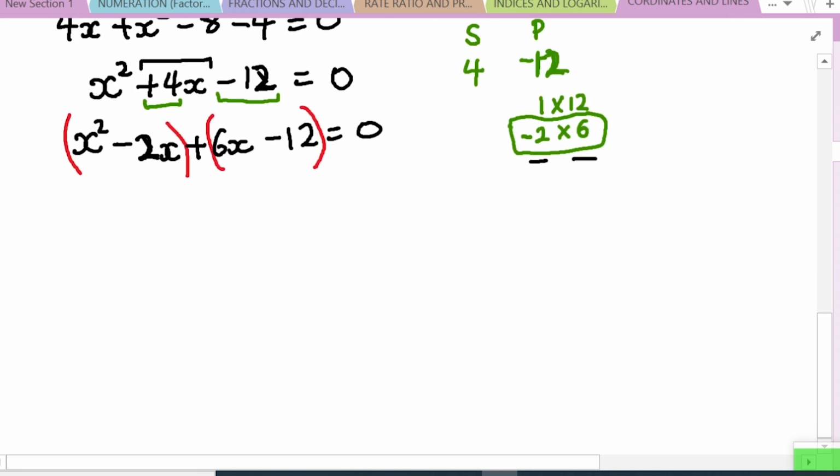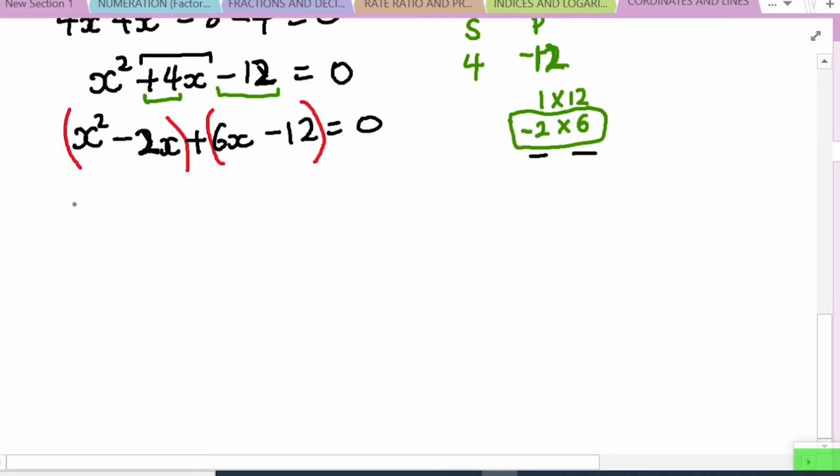The common term here is an x, so we put x outside the brackets: x into x minus 2. Then the next pair: it's plus 6 into, 6x divided by 6 is x, negative 12 divided by 6 is minus 2, is equal to 0.